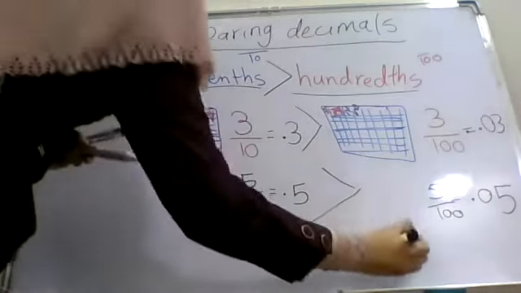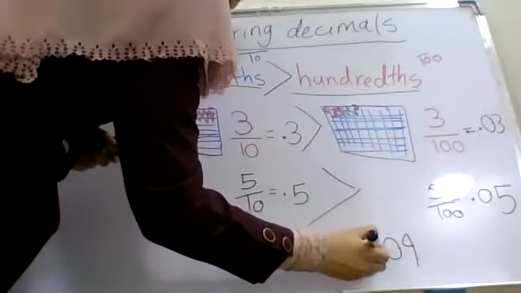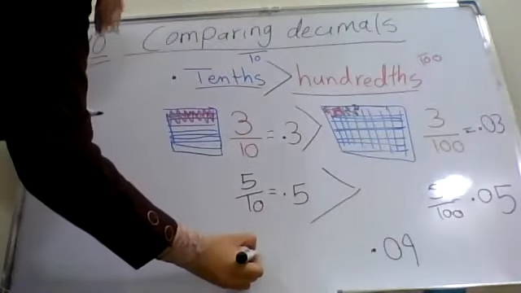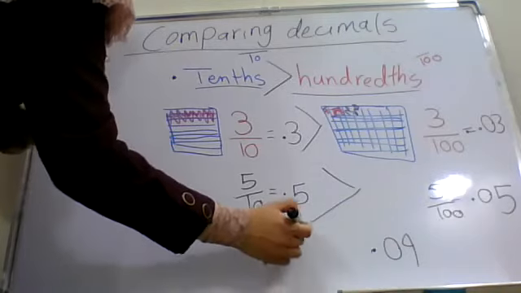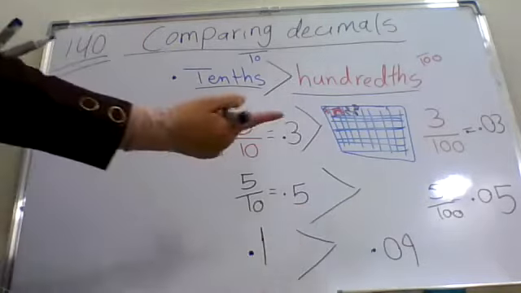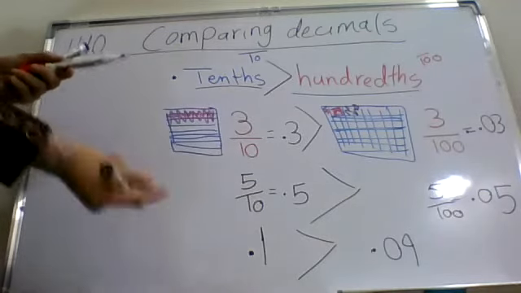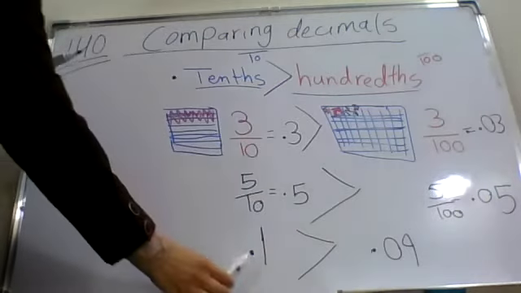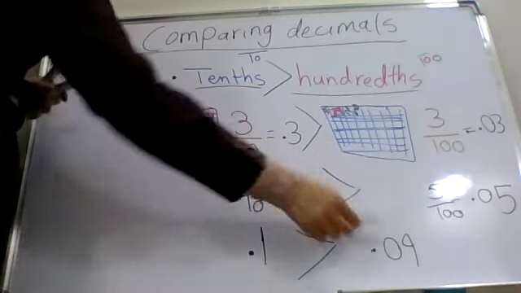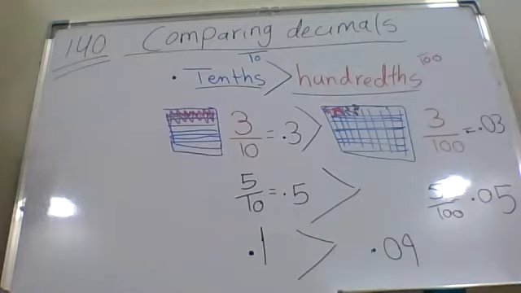Even if you have 9/100, it's for sure smaller than 1/10. If you have 1 piece out of 10, it's bigger than having 9 out of 100. So always the number on the 10th place is bigger than the number on the 100th place.